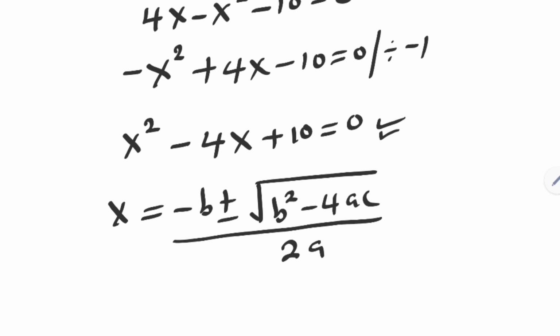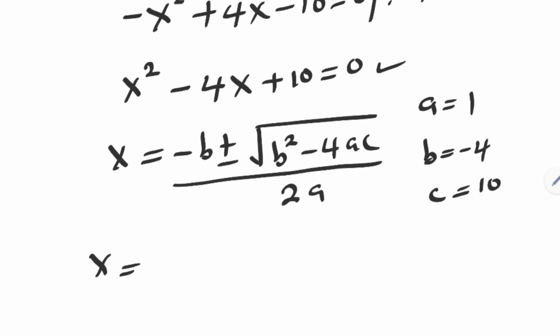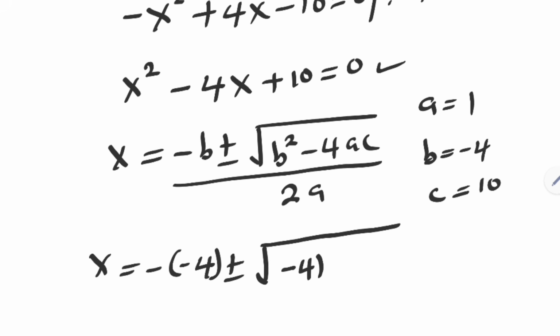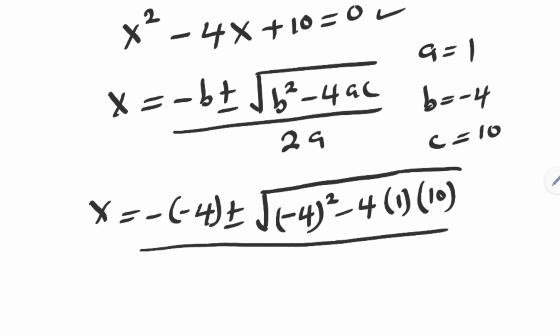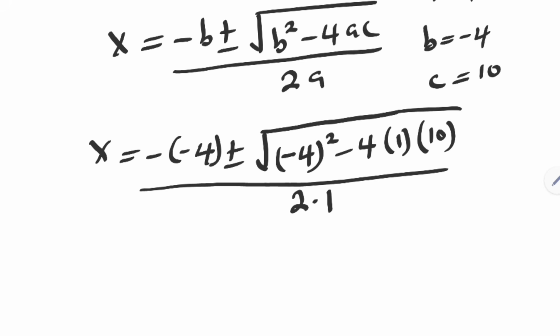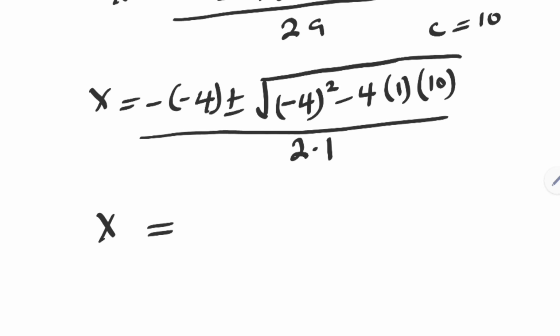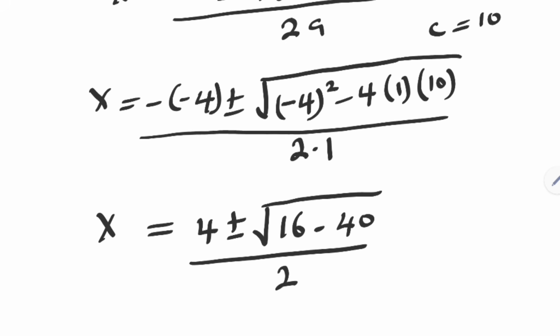Then from this equation, a is equal to 1, b is equal to minus 4, c is equal to 10. x is equal to minus bracket minus 4 plus or minus square root of minus 4 squared minus 4 multiplied by a is 1 multiplied by c is 10, divided by 2 multiplied by a is 1. x is equal to minus times minus 4, this is 4, plus or minus square root of minus 4 squared, that is 16, minus 4 multiplied by 1 multiplied by 10, that is 40, divided by 2 multiplied by 1, 2.